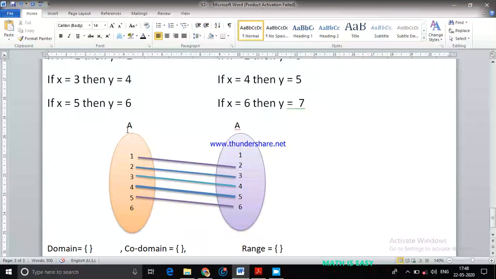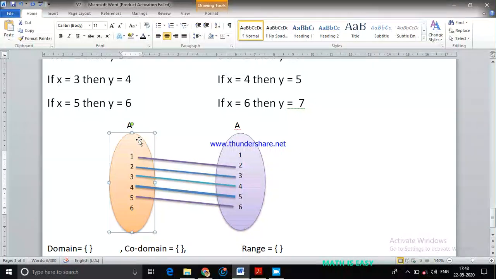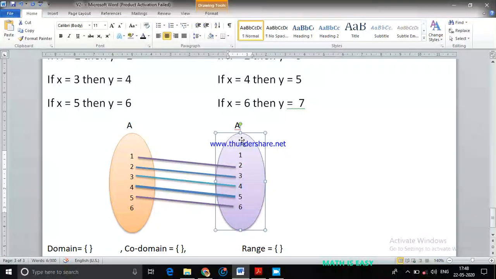Set A is placed first, and here also the first set is A and the second set is also A. The elements of A are 1, 2, 3, 4, 5, 6, and the second set has the same elements because both sets are the same.